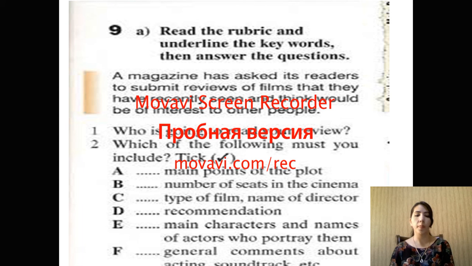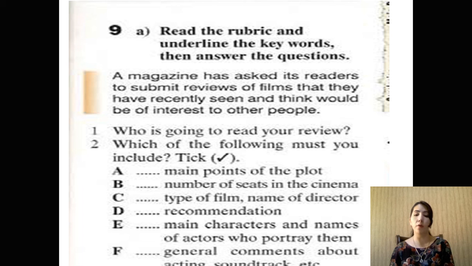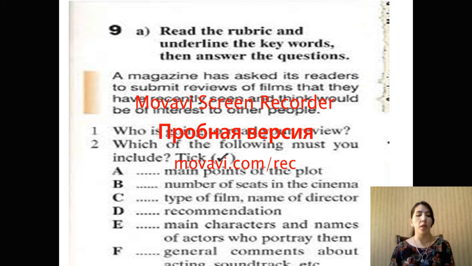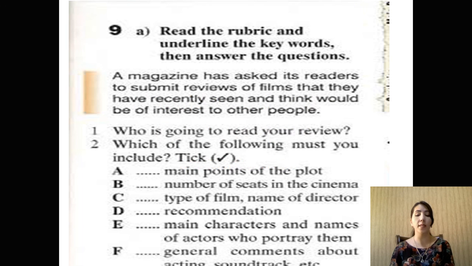Tick them. Main points of the plot, number of seats in the cinema, type of film, name of director, recommendation, main characters and names of actors who portrayed them, general comments about acting, soundtrack, etc. Is it clear? Let's continue.